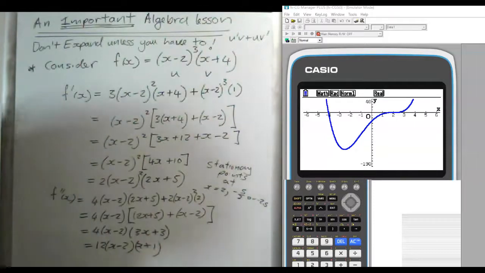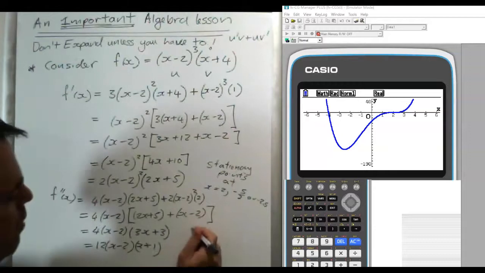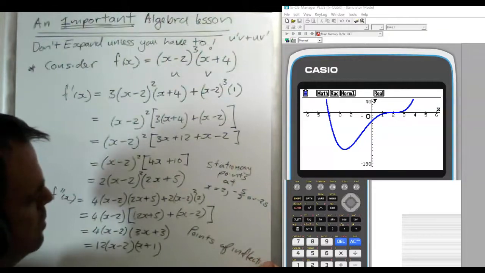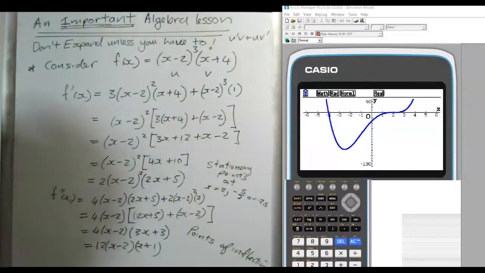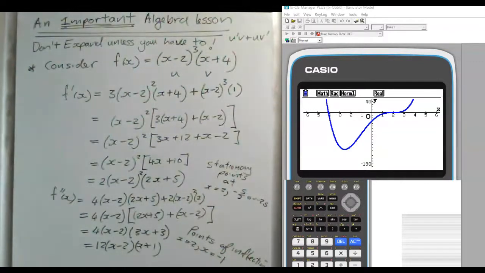So what this should mean is that we have points of inflection, because this is our second derivative, at x equals 2 and x equals minus 1. So let's have a look to see if that's true on our graph.